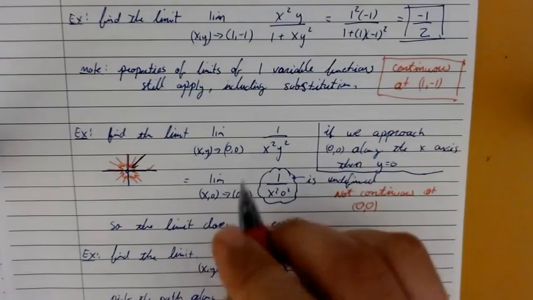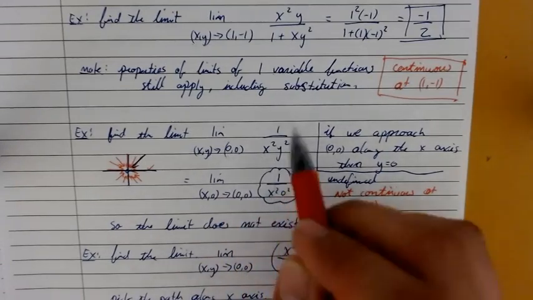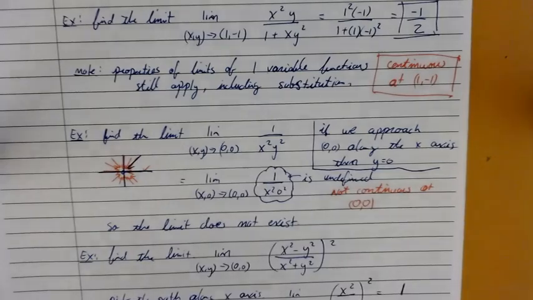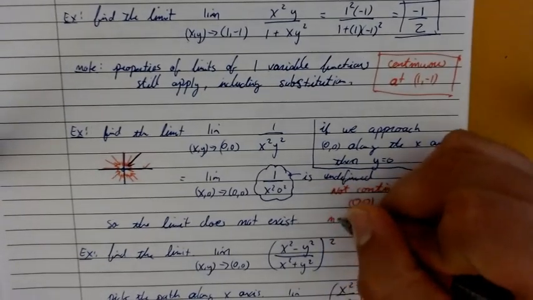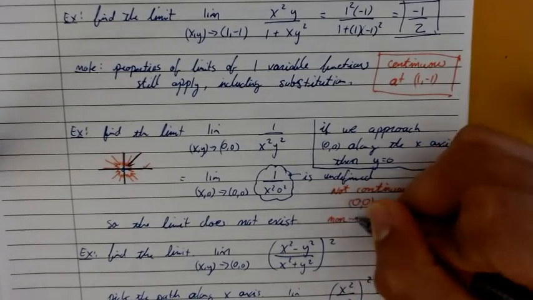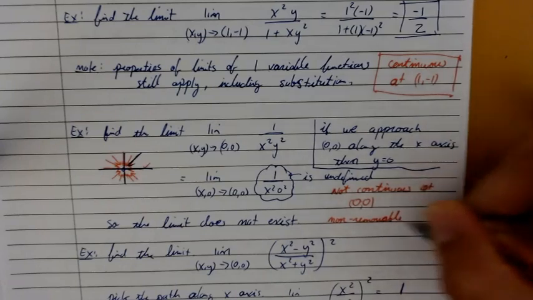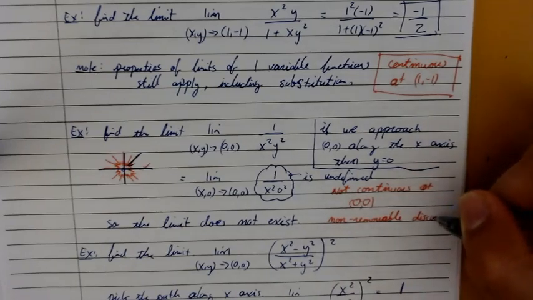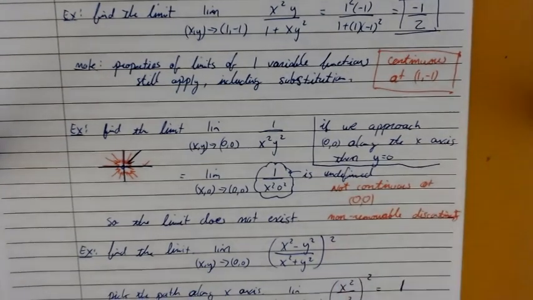And whenever you have something like this where, yeah, it's not continuous, you can't plug it in, but also you can't even simplify it so that later you can plug it in, this is called a non-removable discontinuity.